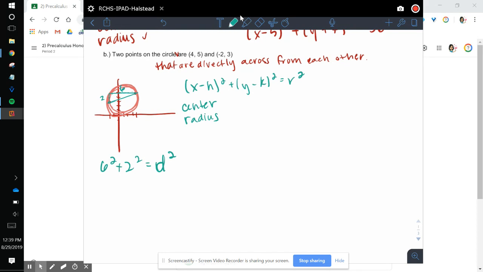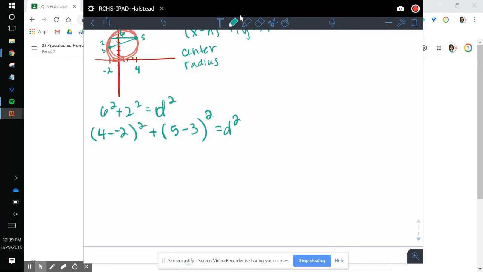Another way to do this would be to look at the x points, 4 to negative 2. So the change in x would be 4 minus negative 2, squared, plus, this point has a y at 5, and this point has a y at 3, so the difference is 5 minus 3, squared, equal to the diameter squared.